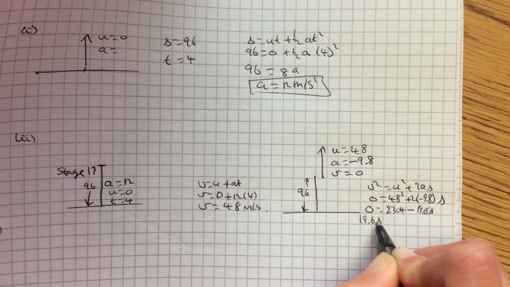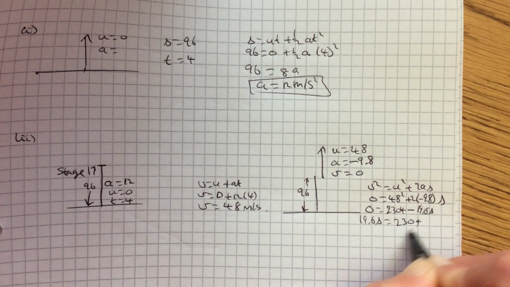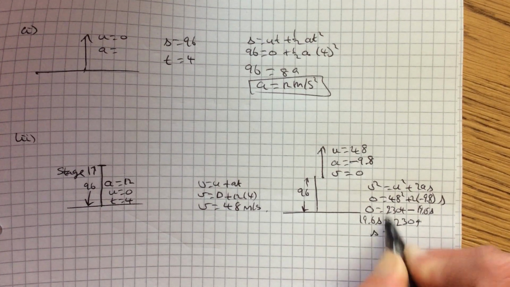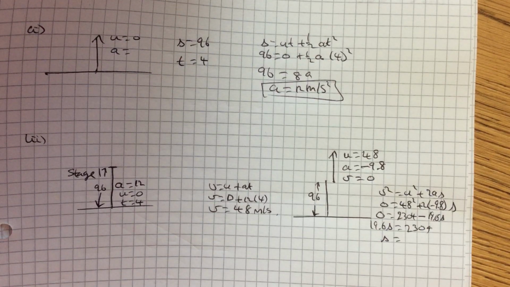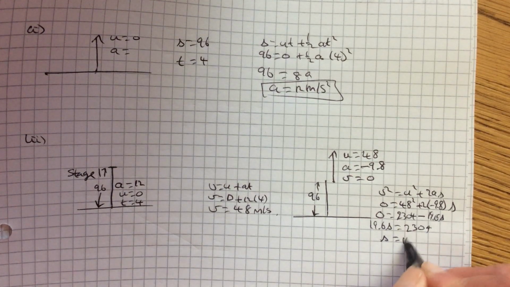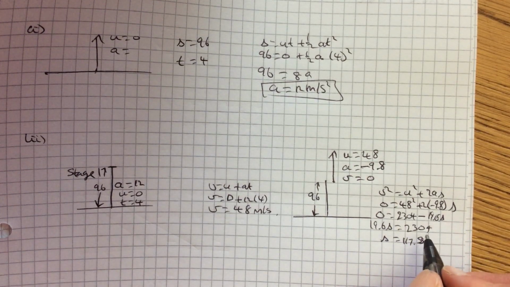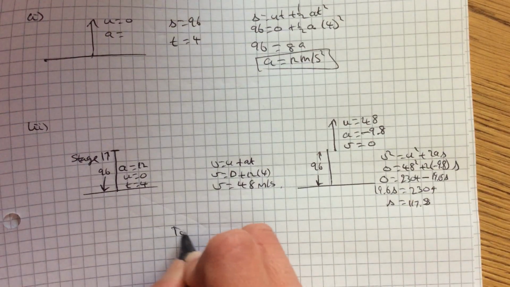So 19.6 S equals 2304. So the height it goes under gravity is 2304 divided by 19.6 to give you a height of 117.55.